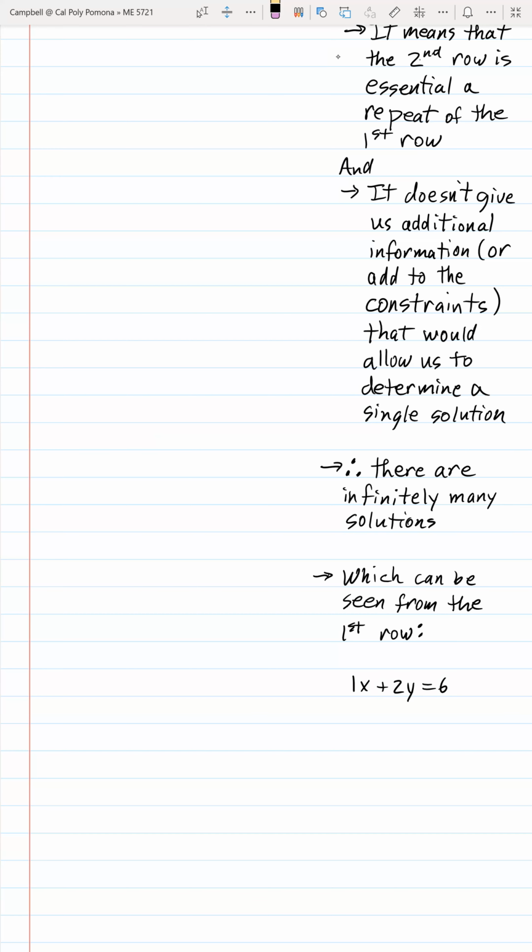And this is called, and I know I've used this term already, the "solution space" for the system of equations.